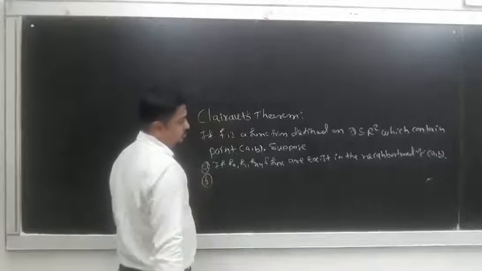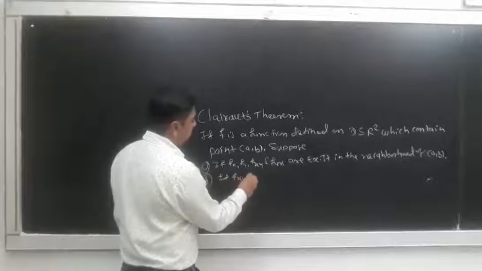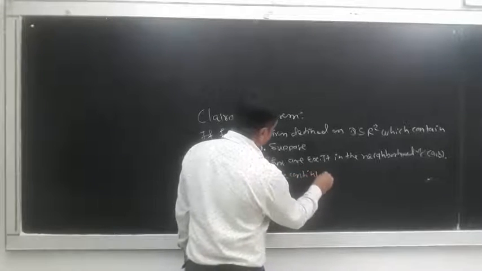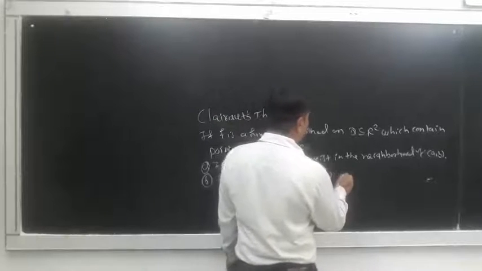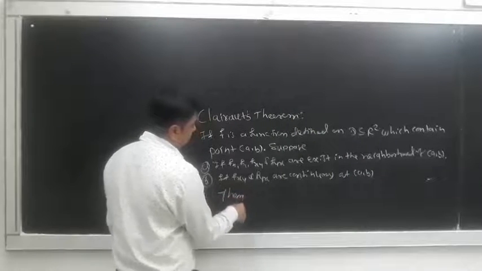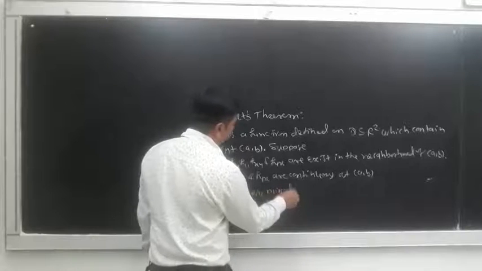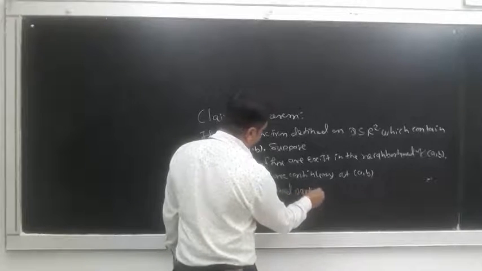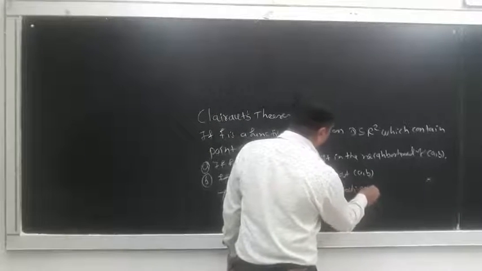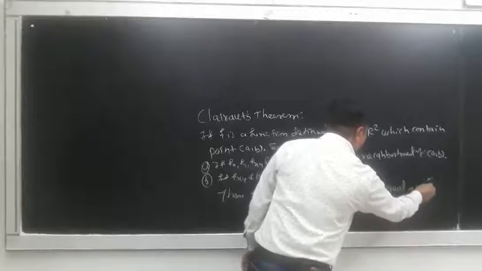Second, if fxy and fyx are continuous at (a, b), then we can say that the mixed partial derivatives are equal at (a, b).